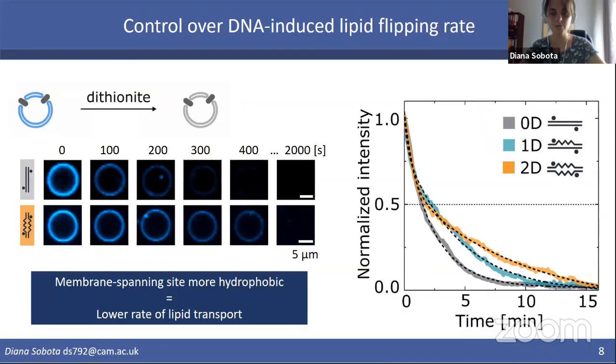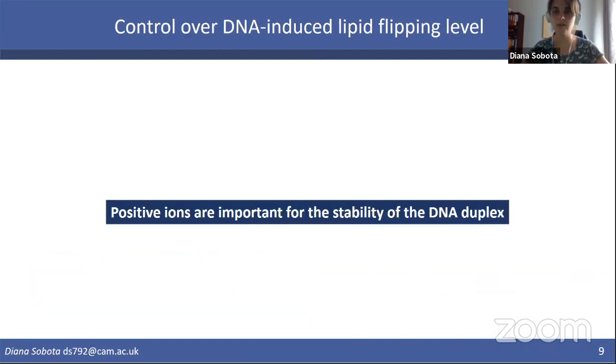Now, let's take it forward and think about what happens if we start changing something else in the environment. The important part, I already mentioned this, but it is very, very important. Once again, positive ions are important for the way this whole system behaves.